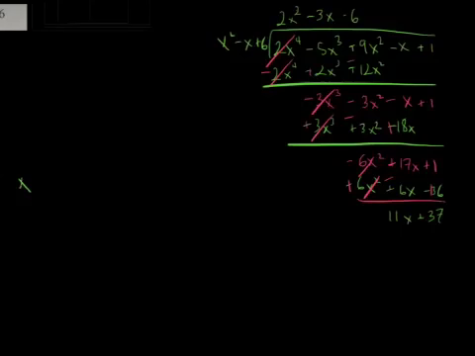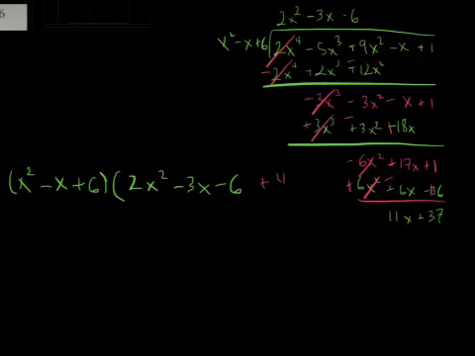So we have x squared minus x plus 6, and we're multiplying it by 2x squared minus 3x minus 6. Well, when I multiply everything here by everything here, I'm going to be close, but what I'm going to want is to end up adding 11x plus 37.